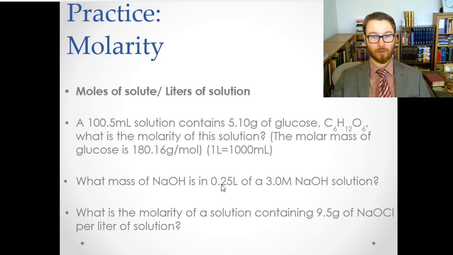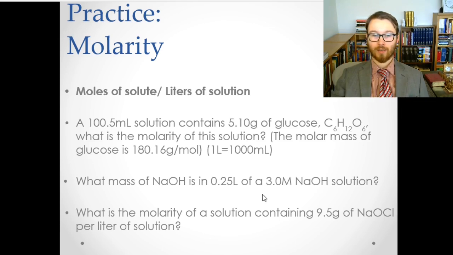So here's what you're going to do. 3 equals x over 0.25. So 3 times 0.25 equals moles. All right, you're going to get moles, and then you're going to take that times the molar mass of NaOH to get grams. That one's sort of backwards, but you got to be able to rearrange these equations.